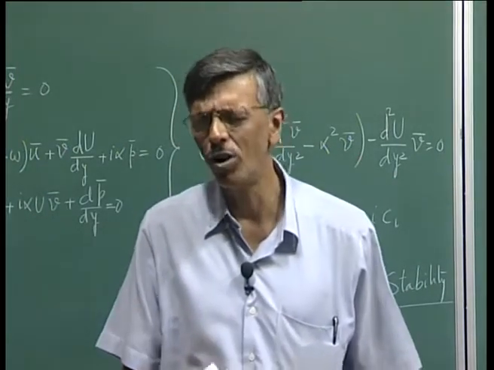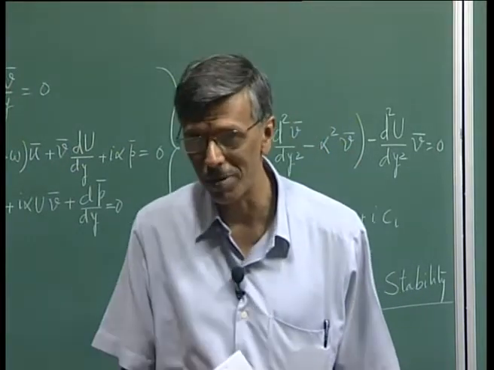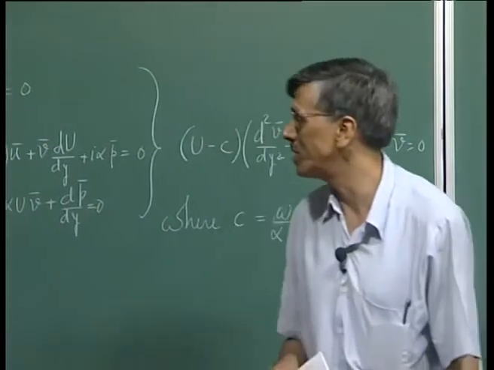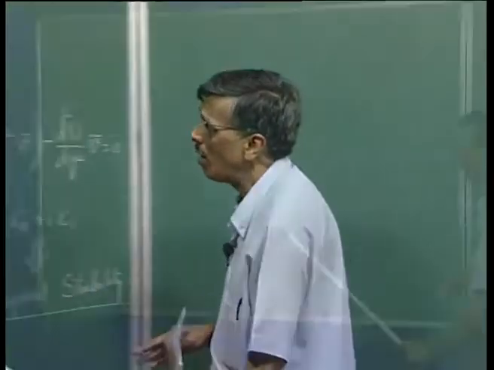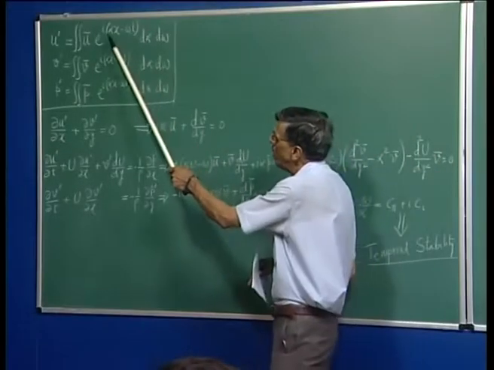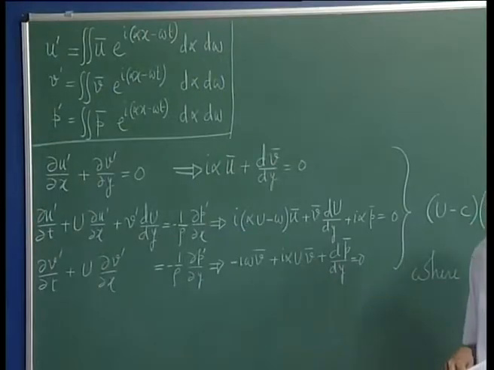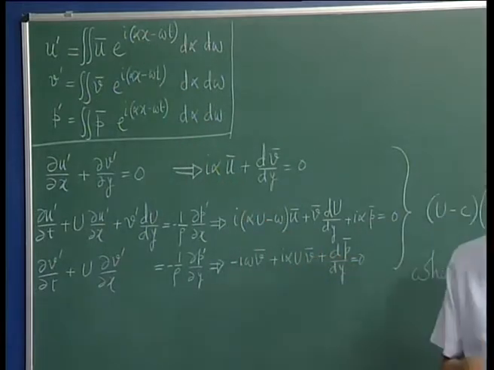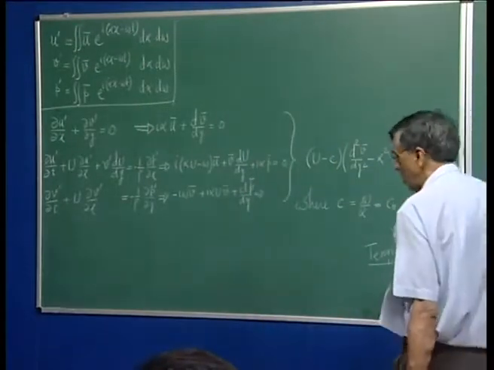We will only talk about downstream propagating disturbances. When it comes to upstream propagation, I will specifically mention it and make you aware of that. So, alpha r is the phase, and alpha i determines the stability or instability. For a downstream propagating disturbance, alpha i being negative would be the unstable scenario. That is about alpha.